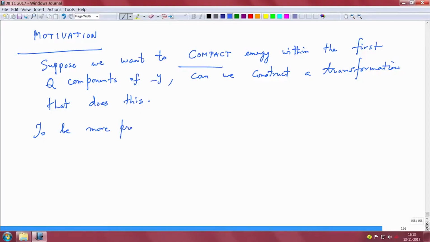Now, to be more precise, suppose A is a linear transform such that y equals Ax.